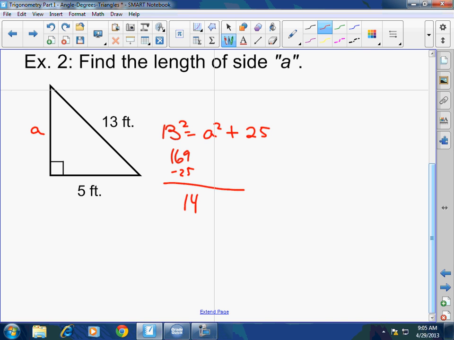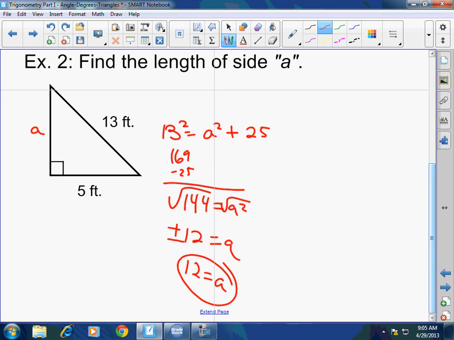So I got 144 equals A squared; square root both sides. Yes, I know it's plus or minus 12 algebraically, but we can't use a negative for a side. So A will equal 12 feet. Mickey Mouse, right? Last thing and we're done for the day.